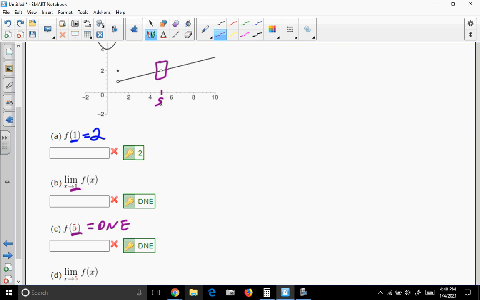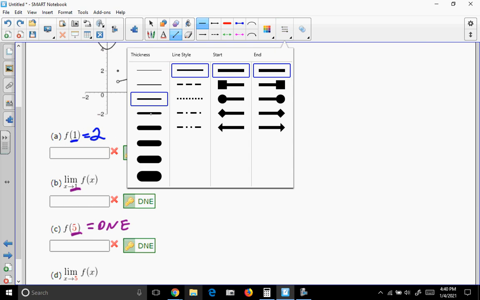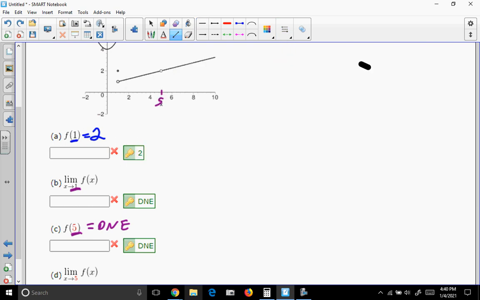So let's describe it this way. Let's take this line, let's thicken it up a little bit. If we didn't already know, then we don't know exactly what is happening when x is 5 because it's hidden.